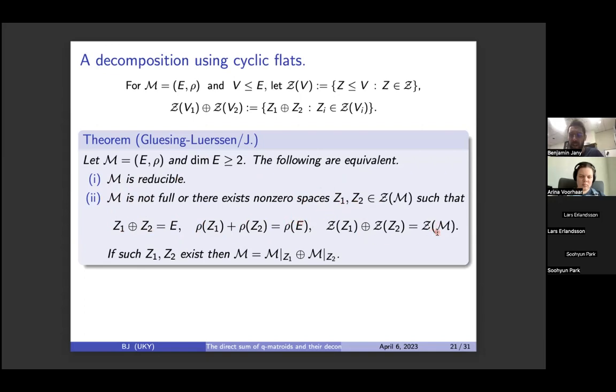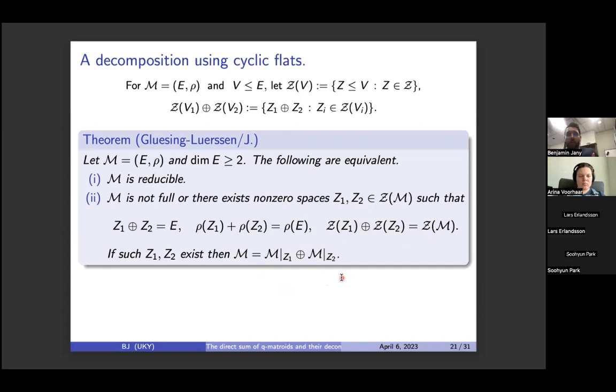And all cyclic flats of the q-matroid can be written as the sum of cyclic flats contained in Z1 and Z2. If we find such spaces Z1 and Z2 that satisfy those criteria, then we can rewrite our q-matroid M as the direct sum of M restricted to Z1 plus M restricted to Z2.